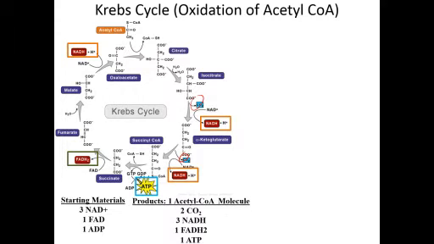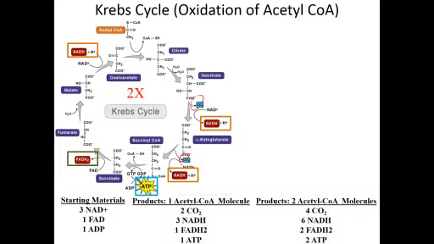So at the end of the Krebs cycle, the total amount of products that you end up with is 4 CO2 molecules, 6 NADH, 2 FADH2s, and 2 ATP. This is important.